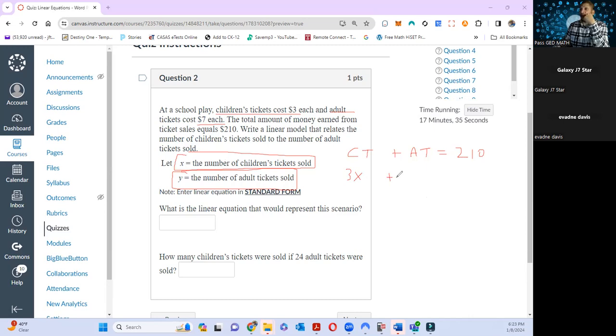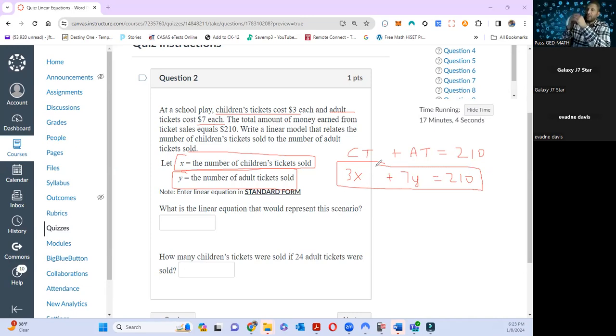Plus, how much do adult tickets cost? $7. What's the variable for the number of adult tickets sold? Y. So 3X plus 7Y equals 210. That's my linear equation. That's it.